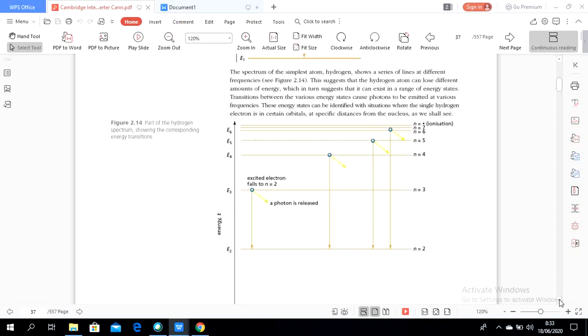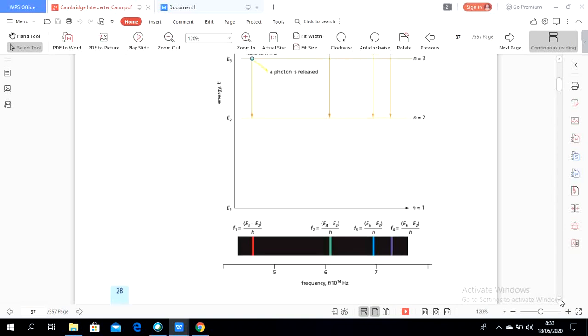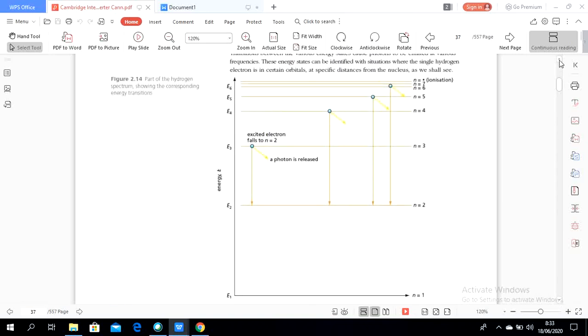As we can see, the frequency relates to the energy that the electron can move through. This one is the ionization. This one, the excited electron, falls to n equals 2, which is the second shell.